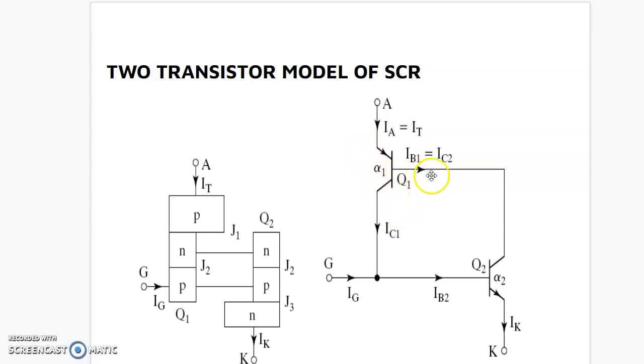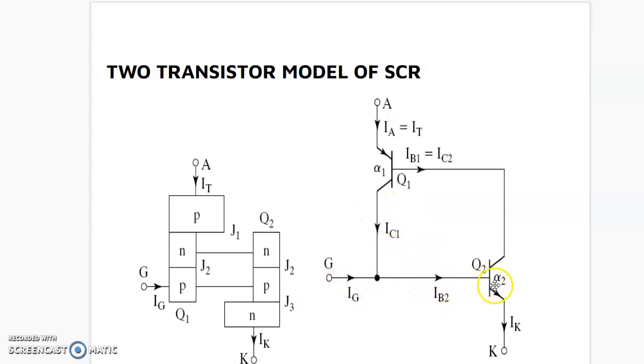Then the base current will flow into the collector current of the second transistor, and the collector current will also flow. The gate current is the summation of this collector current and the base current. So if you sum IC1 and IB2, we get IG.